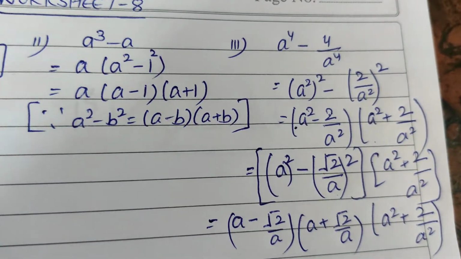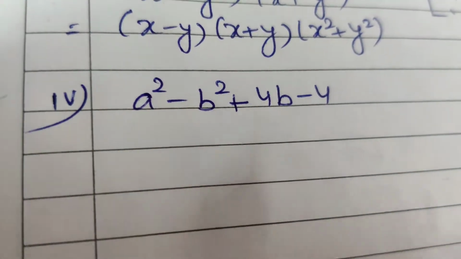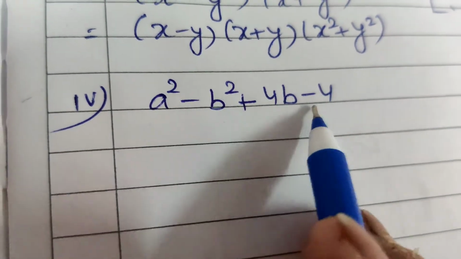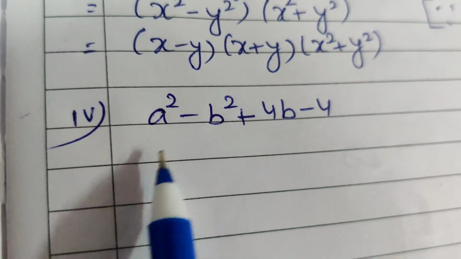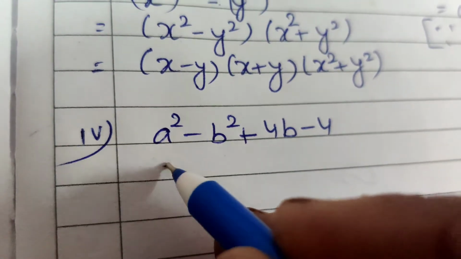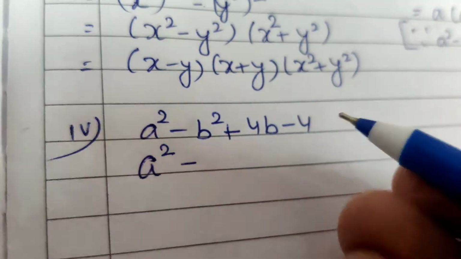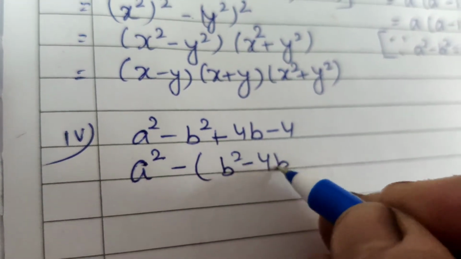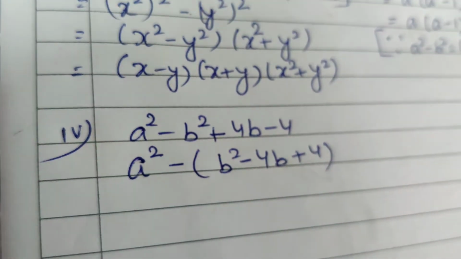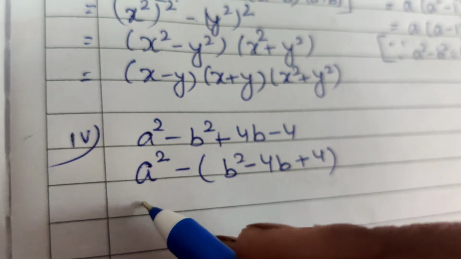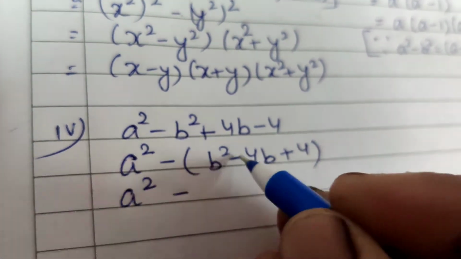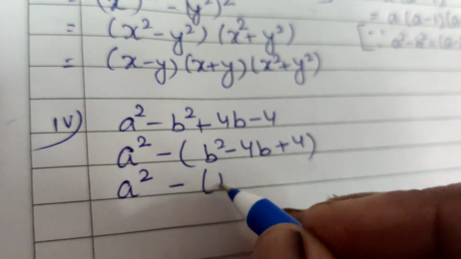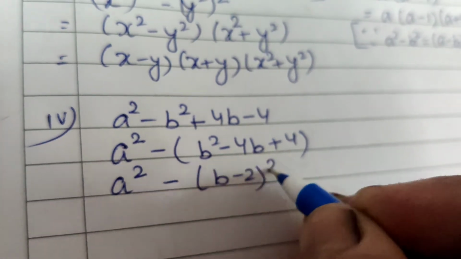The next factorization is a square minus b square plus 4b minus 4. This is the square of a. Then take minus common in this. We get b square minus 4b plus 4. So this is the square of a minus, and this is the square of (b minus 2), whole square.